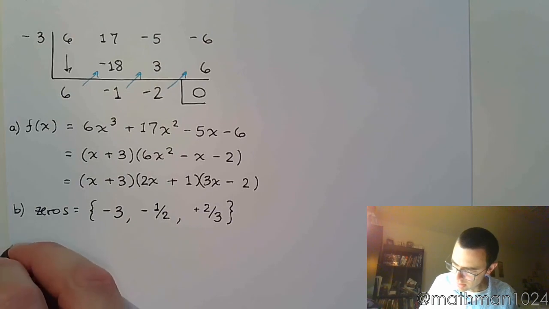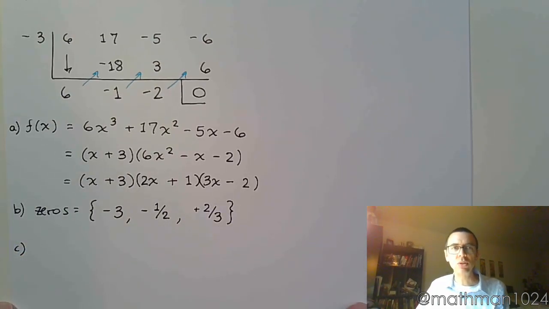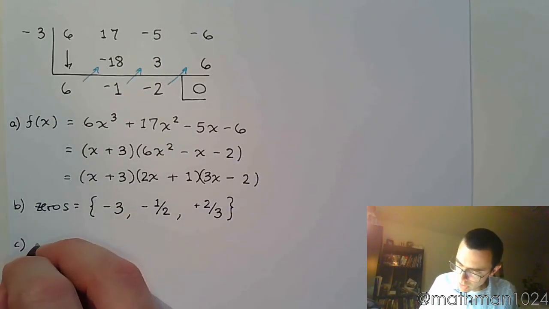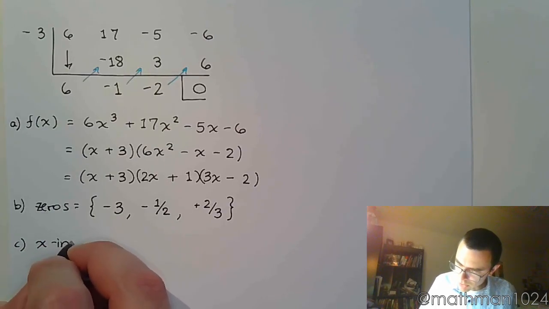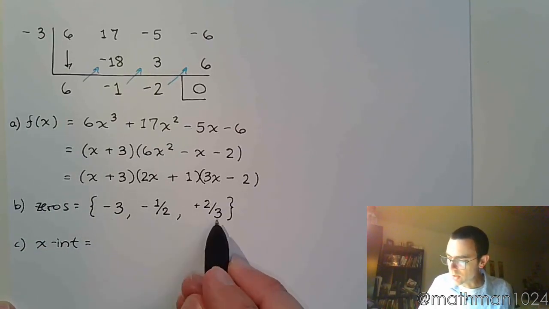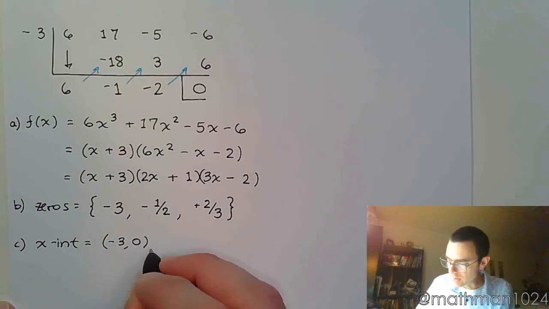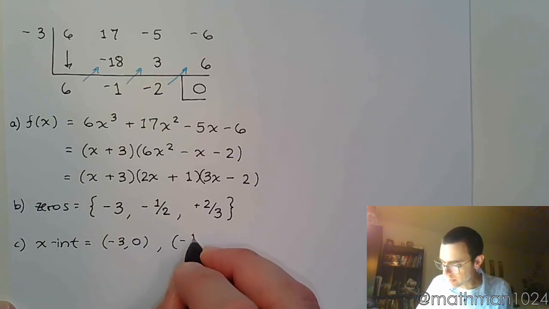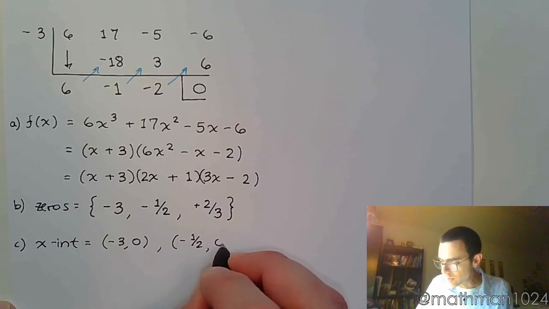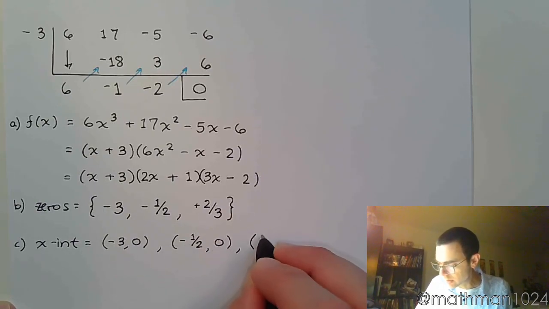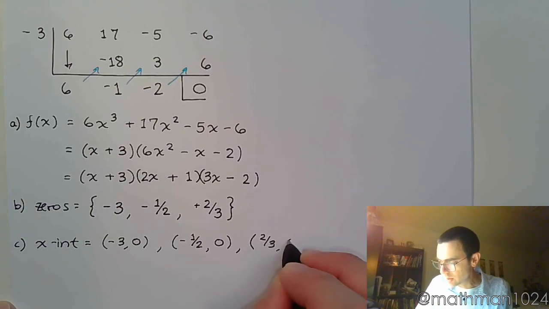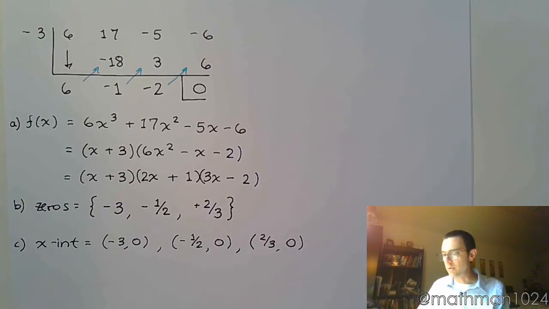Part C says to list all of the intercepts. Well, for the x-intercepts, all of these guys are real, so each one will correspond to its own x-intercept. So negative 3, 0, negative 1/2, 0, 2/3, 0.